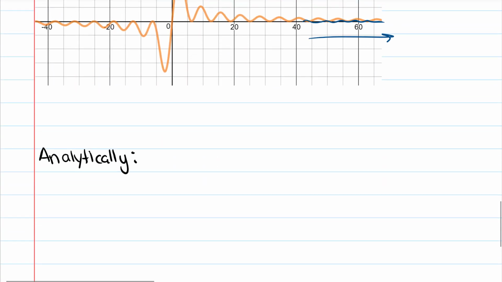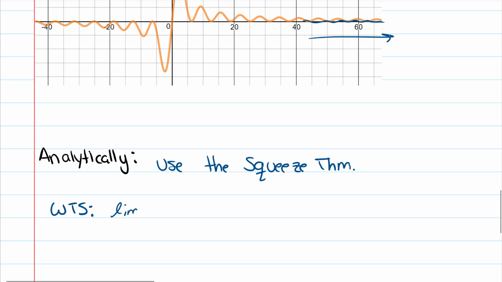So analytically, we're going to use the squeeze theorem. And typically when I start a proof, I'm going to write what I want to show. So this is WTS, want to show that the limit as x approaches infinity of 1 minus cosine of x divided by x is equal to 0. And so here we go.